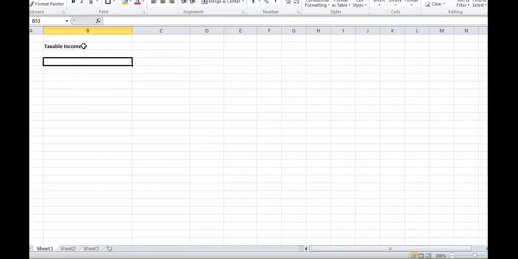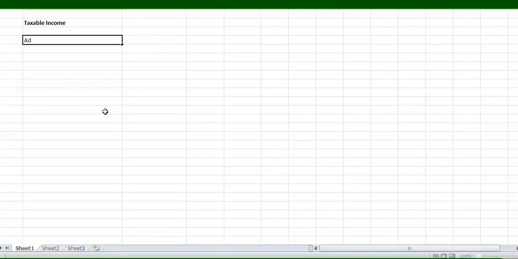I'm repeating once again, these points relate to income tax. So first of all, how to calculate taxable income? If you want to calculate taxable income, you just need to add all of the incomes of an individual.